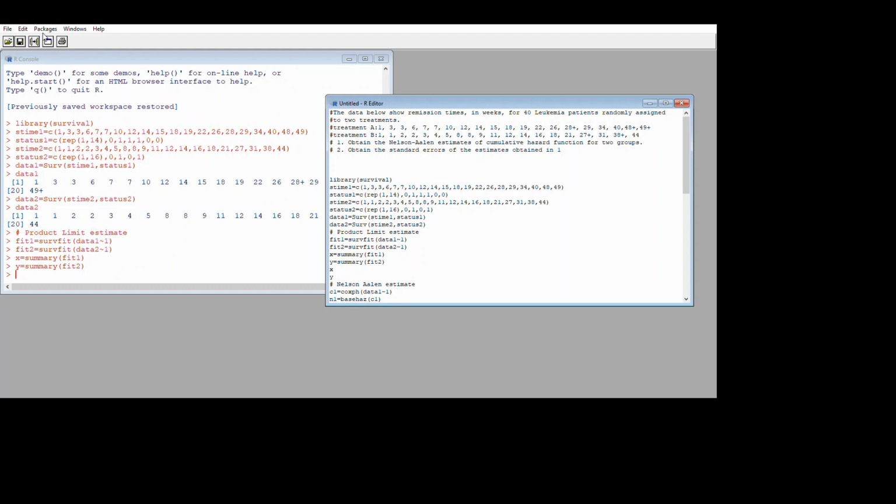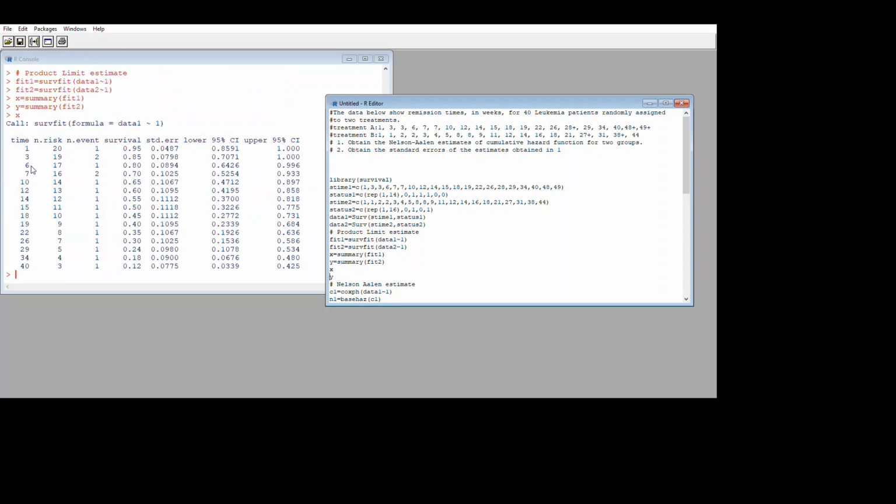Now we can call x, and here we can see this time column indicates the exact times in the data set: 1, 3, 6, 7, 10, 12, 14, 15, 18, 19, 22, 26, 29, 34 and 40. The second column, n.risk, gives the number of individuals at risk at each time ti, and n.event, the third column, gives the number of deaths at each time ti.